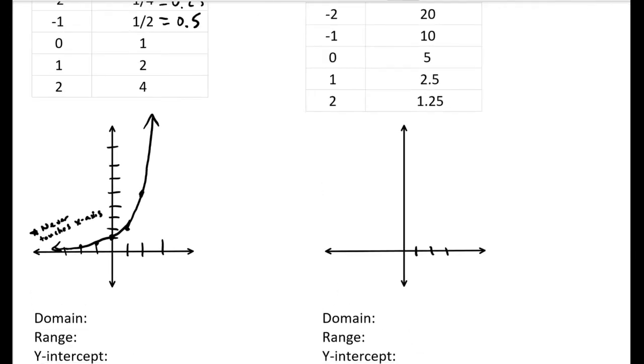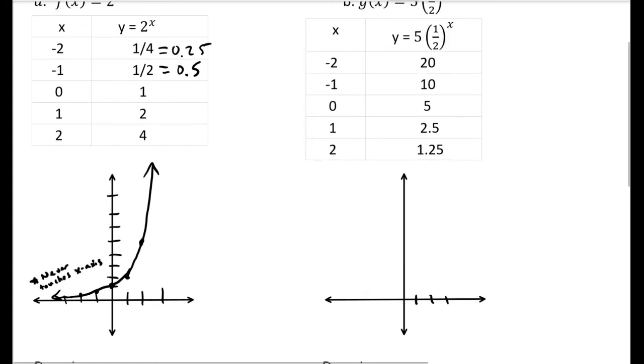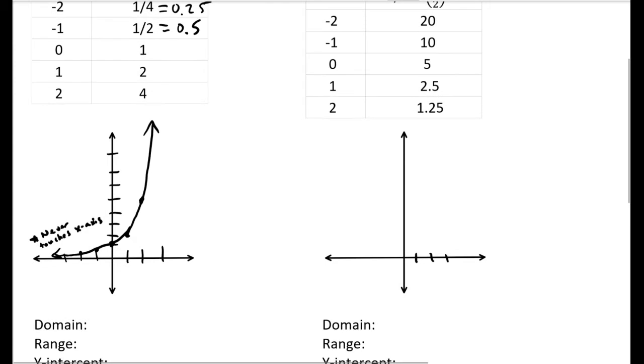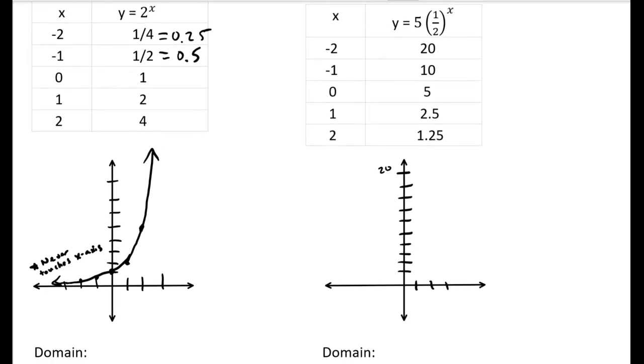Now we're going to go ahead and draw the graph here for the right one. So when x is -2, you get a y value of 20. So I'm going to go ahead and go by 2's here. And 20. Okay, so this is going by 2's.